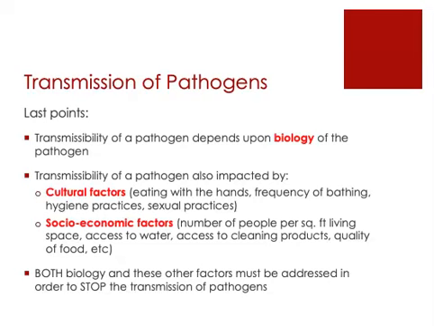All of these things impact how hard or how easy it is for a pathogen that causes an infectious disease to spread throughout a community. Both biology and these other factors have to be addressed when we put together public health programs in order to stop the transmission of these dangerous pathogens.